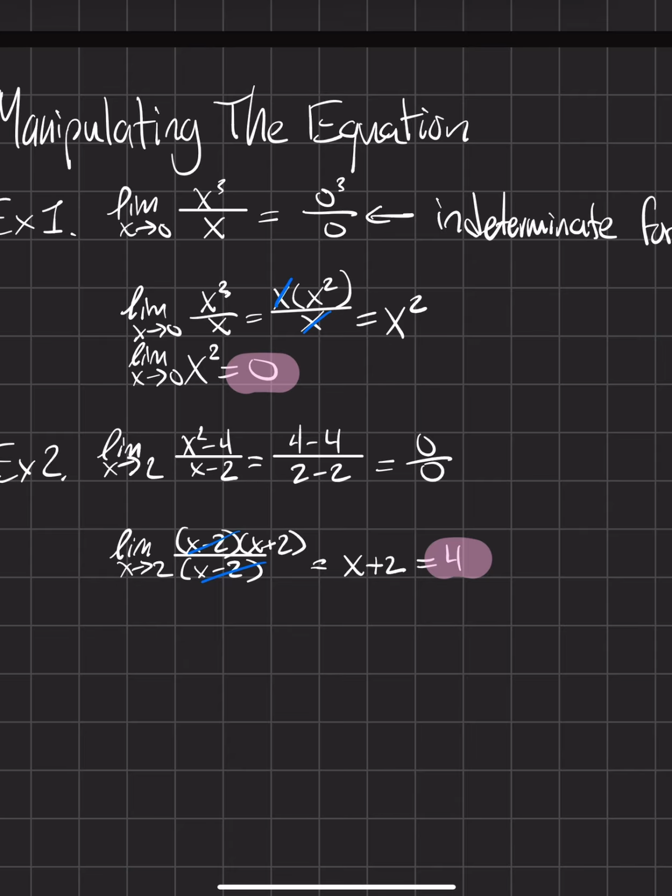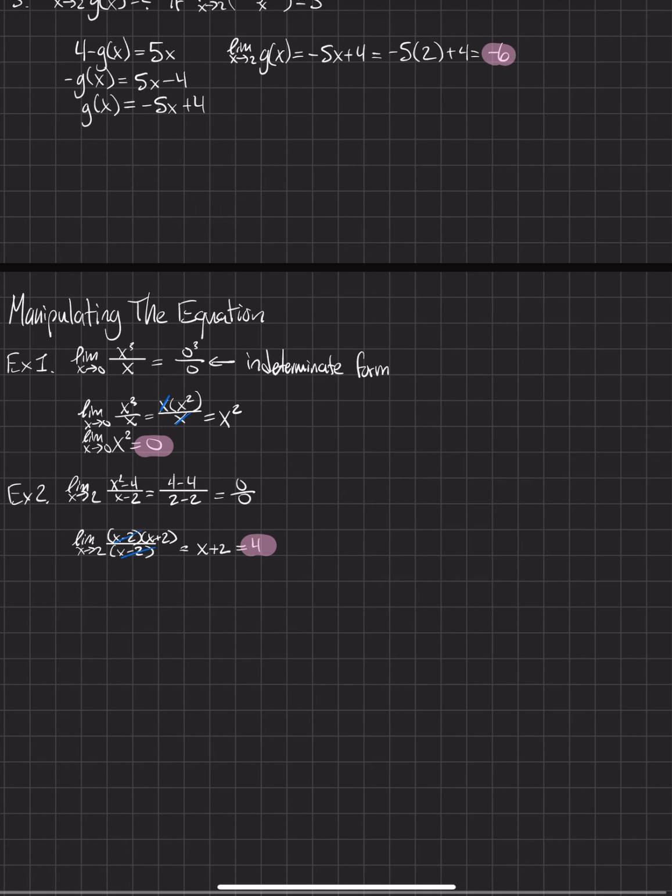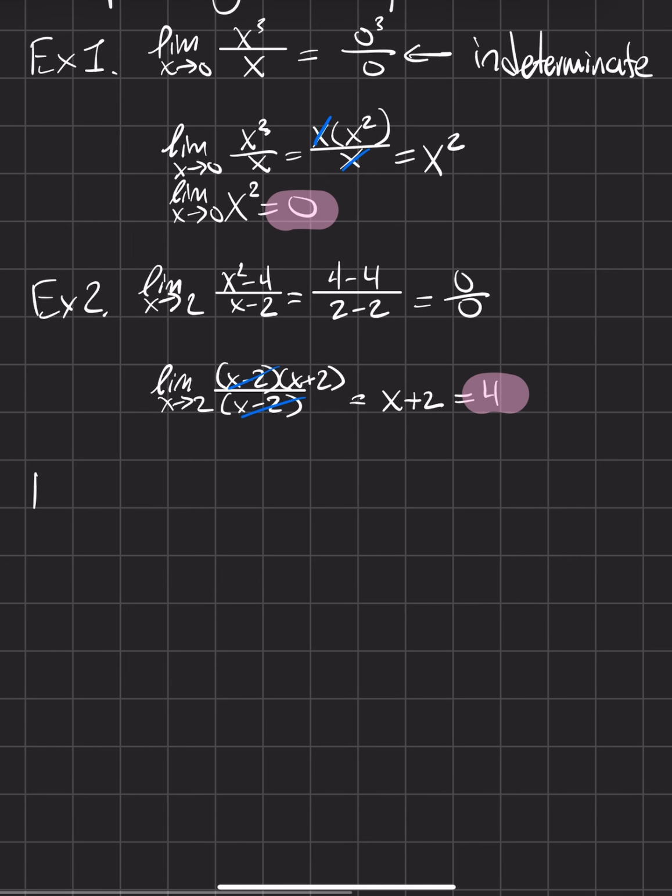Then the last problem that I would say is good to go over when it comes to limits of this type, example 3. Let's go over the limit as x approaches 0 of the function (square root of 1 minus x, minus 1) over x.